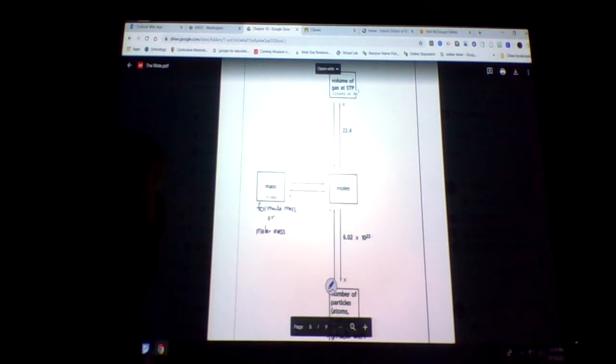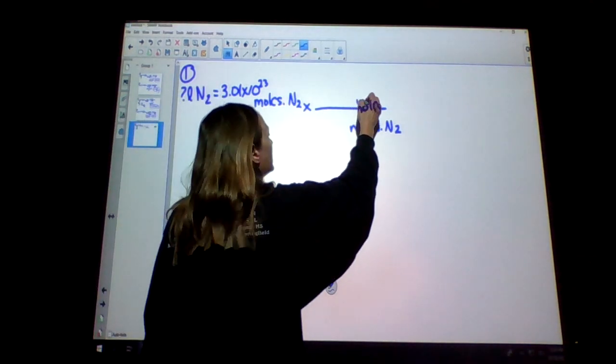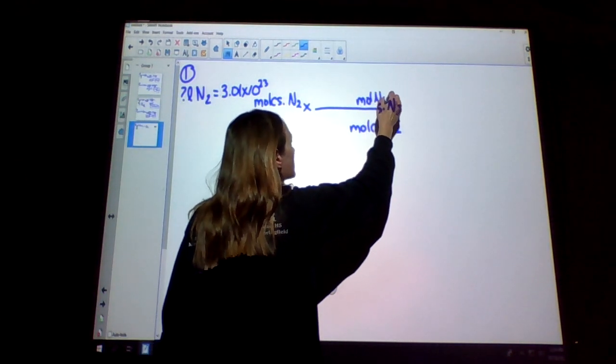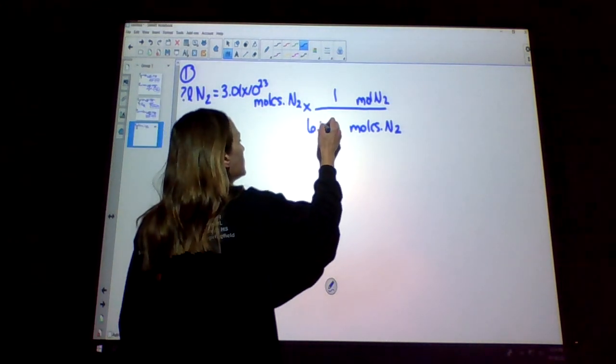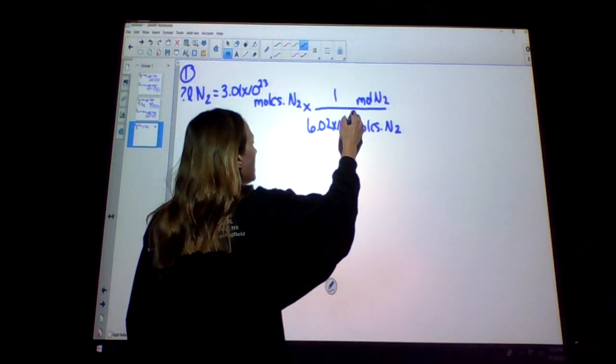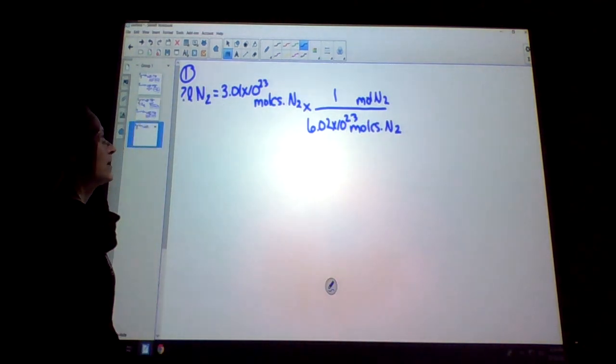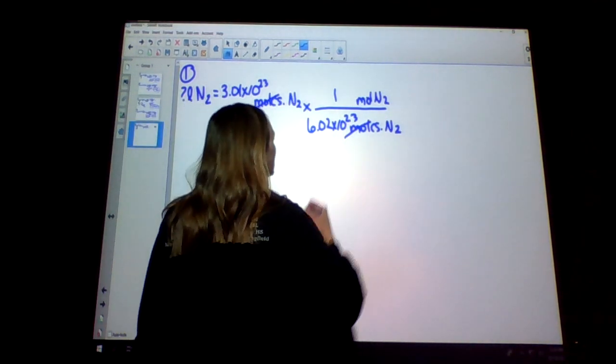So moles will go in the top. Just like before, the number 1 goes with our number of moles, and we use Avogadro's number for our number of molecules. So molecules cancel out.